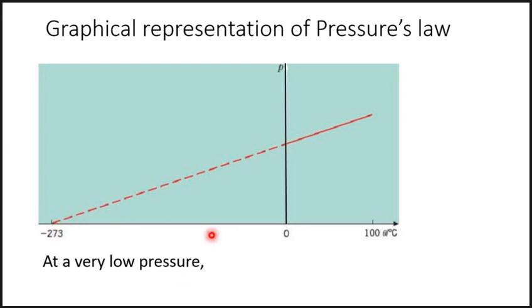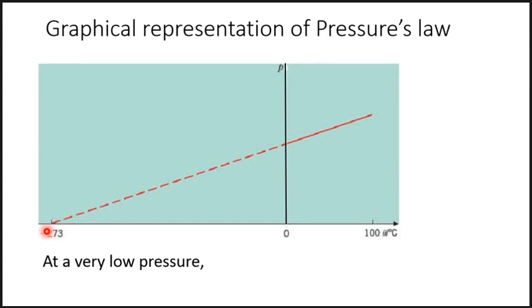In other words, as the pressure decreases, you can see the trace, the pressure is declining as we are moving backward. So as the pressure decreases, the temperature also decreases until it gets to absolute zero, which is the same thing as minus 273.